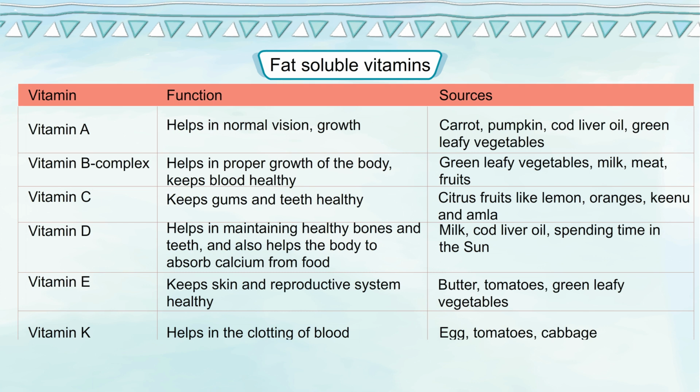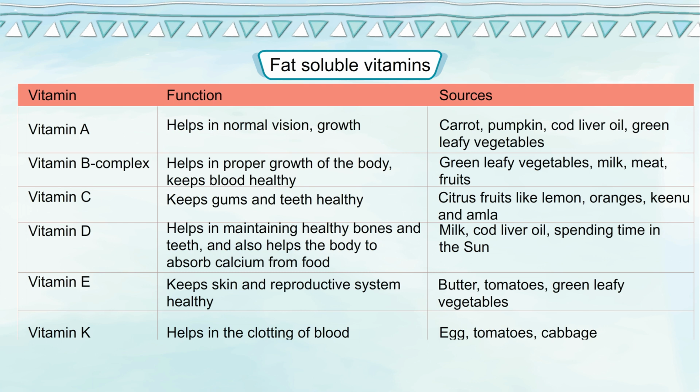Vitamin B complex helps in proper growth of the body, keeps blood healthy. Sources: green leafy vegetables, milk, meat, fruits. Vitamin C keeps gums and teeth healthy. Sources: citrus fruits like lemon, oranges, quinoa and amla.